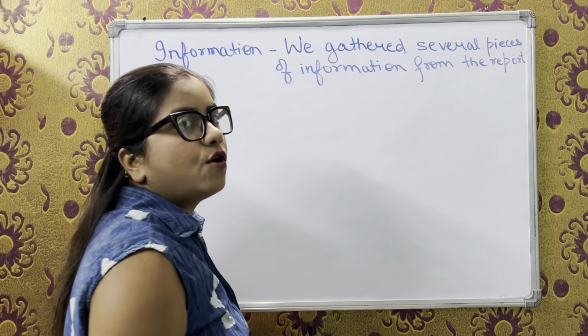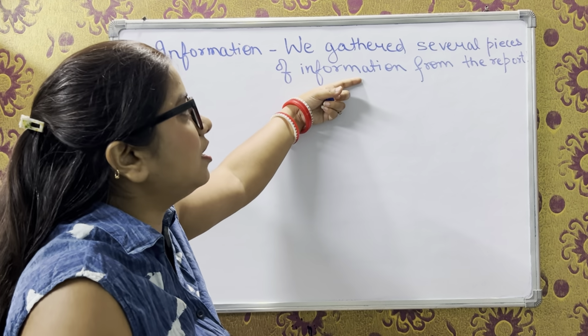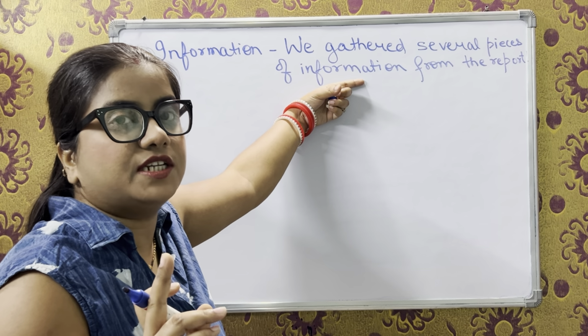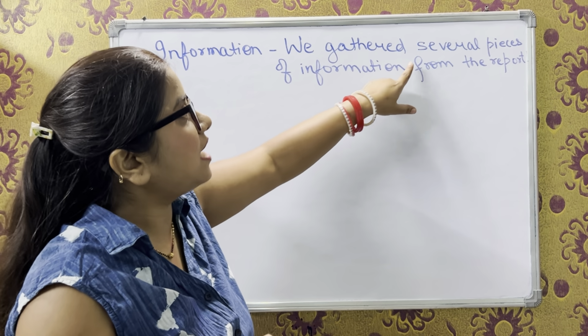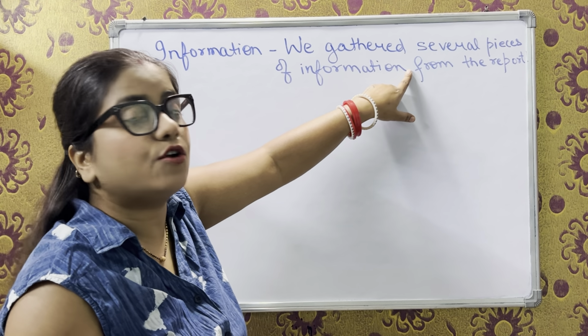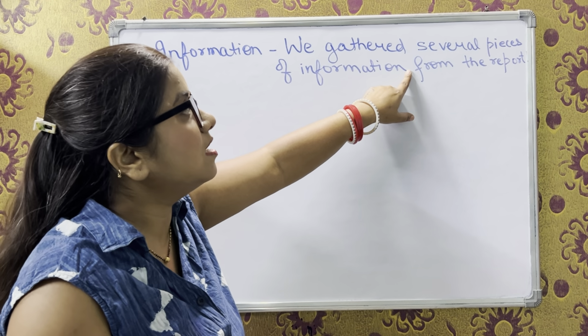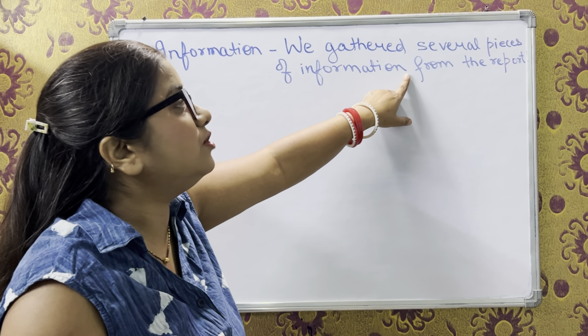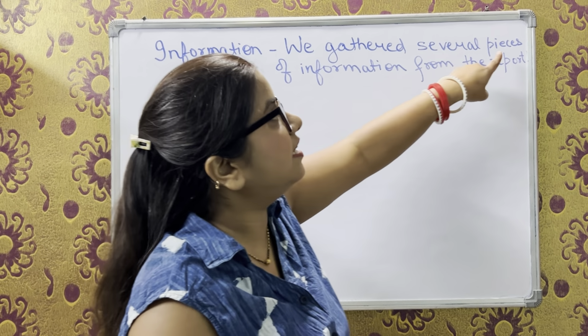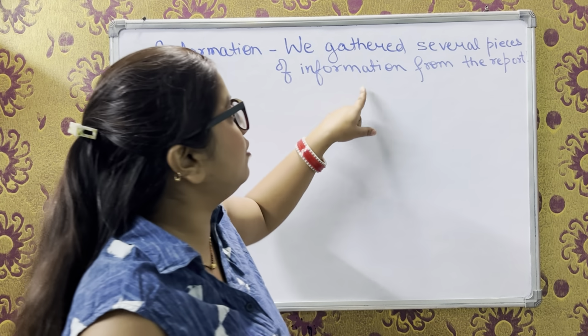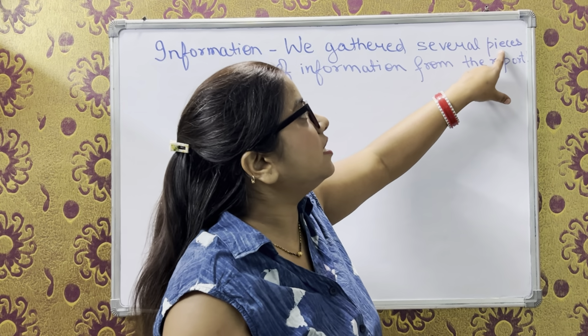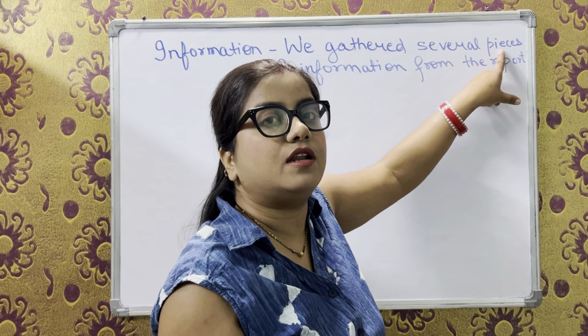As you can see on the board here, I am talking about more than one information. But I cannot add s or es here, I cannot make it informations. Rather, what I have done here is I have added pieces of information because it is quantitative in numbers.